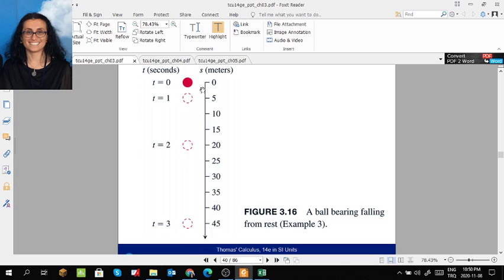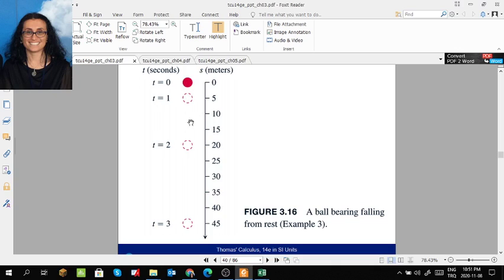In the first second the distance it travels is just 5 meters, but in the second second it is going to travel 15 meters. In the third second, it is going to drop down 25 meters. So it's getting faster and faster, otherwise it wouldn't travel that much distance, right? At first the speed is slow, so in 1 second it's traveling just 5 meters, but in the second second it is faster, so it falls down.